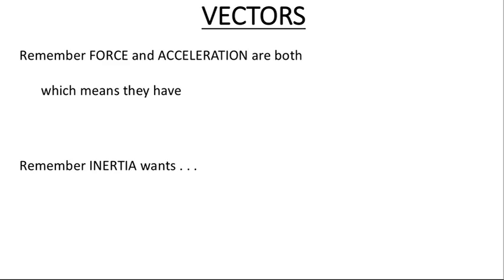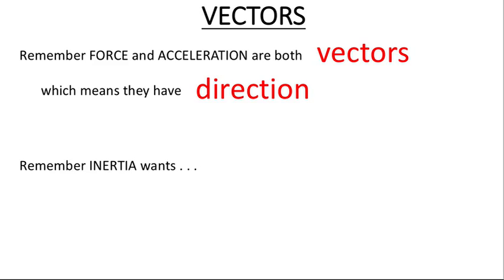We're going to talk now about the direction a force points, because it makes a big difference whether you push up, down, left, or right. They will each have a different impact on what the object does. This is because force and acceleration are both vectors. This is just a fancy way of saying that they have direction.